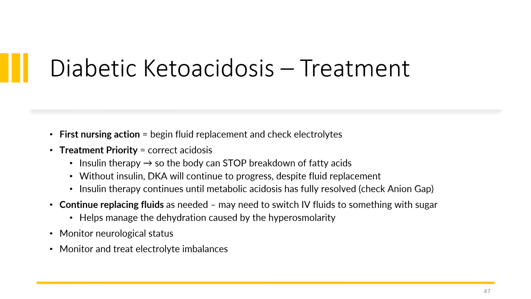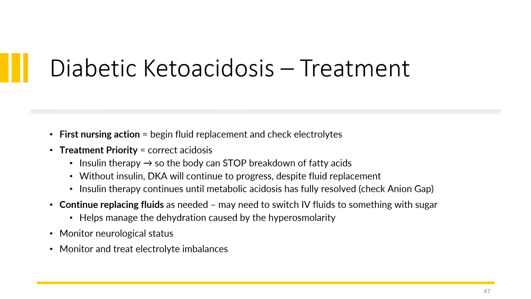Doctors utilize the anion gap on the basic metabolic panel to indicate whether or not that metabolic acidosis is fully resolved. We're not going to do ABGs every 6 hours on a patient because it actually hurts the patient when we do that.